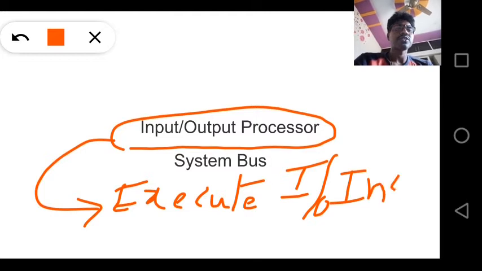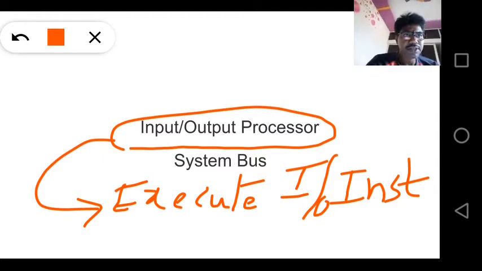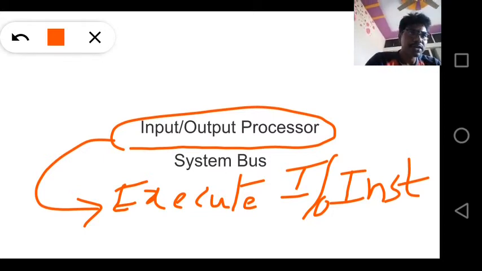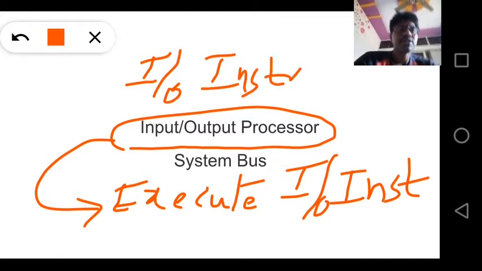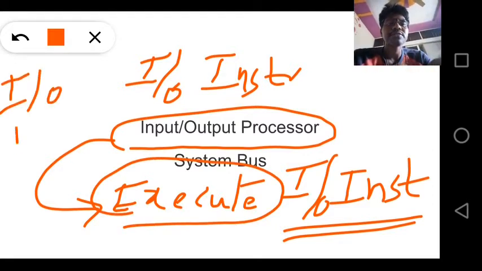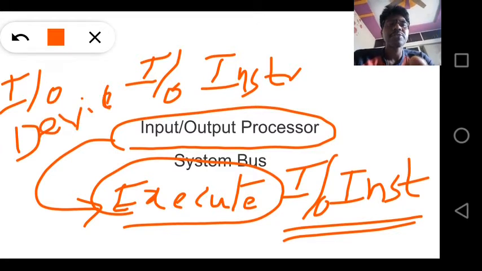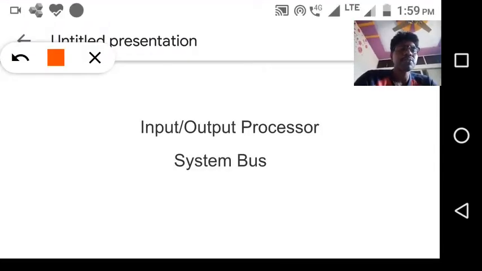IO instructions. First, let us try to understand the necessity of having a separate dedicated processor only for IO operations. As we know, IO operations are IO instructions. Execution of these IO instructions involves IO devices, and the speed of the IO devices is very low when compared with the speed of the processor.